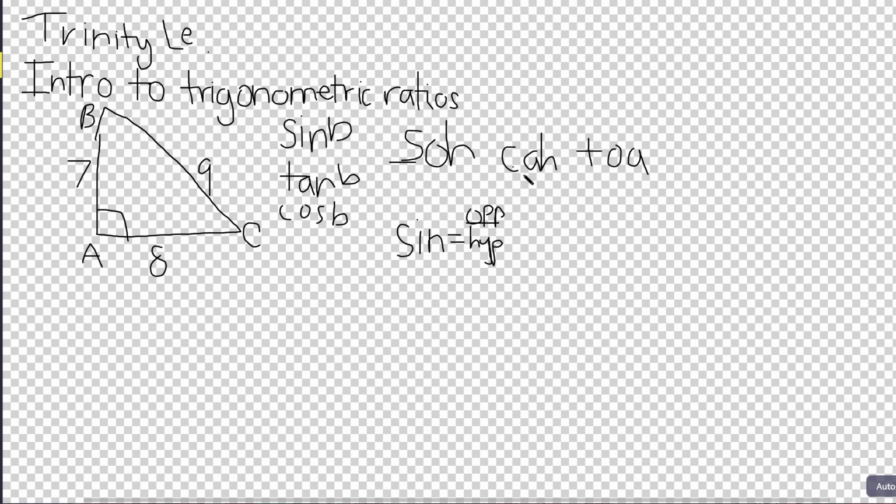SOHCAHTOA. C would be cosine. So cos equals adjacent, A for adjacent, over H, which is hypotenuse.